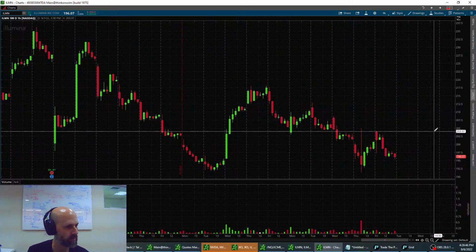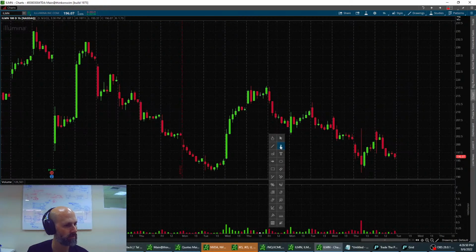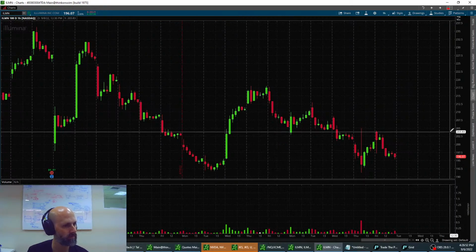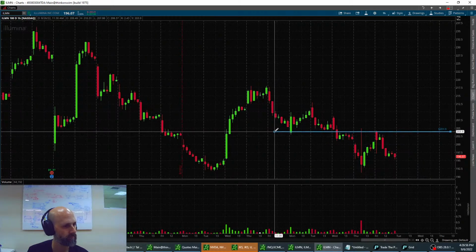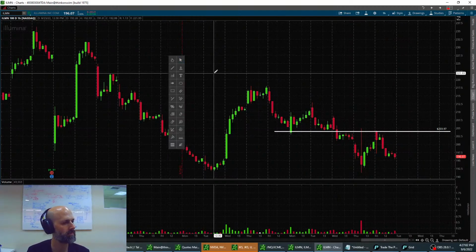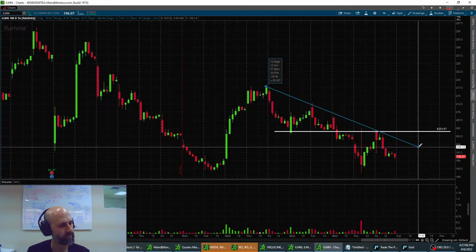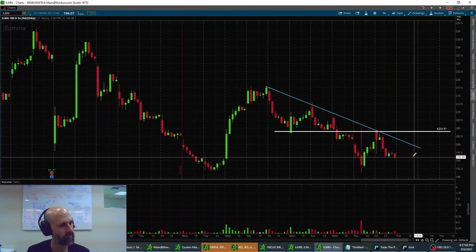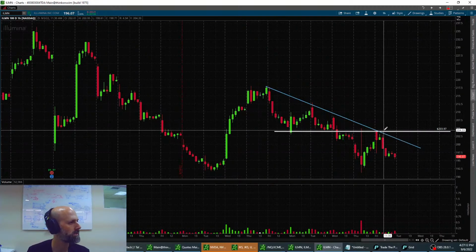So you can mark those levels at around 204, right? Just a little bit below 204. And other than that, maybe dropping the trend line from here. It's a bit of a sharp down move, but it's bouncing above it.